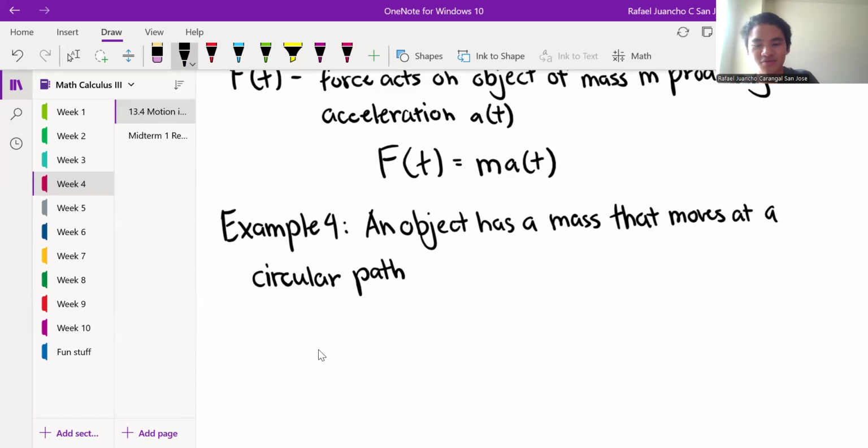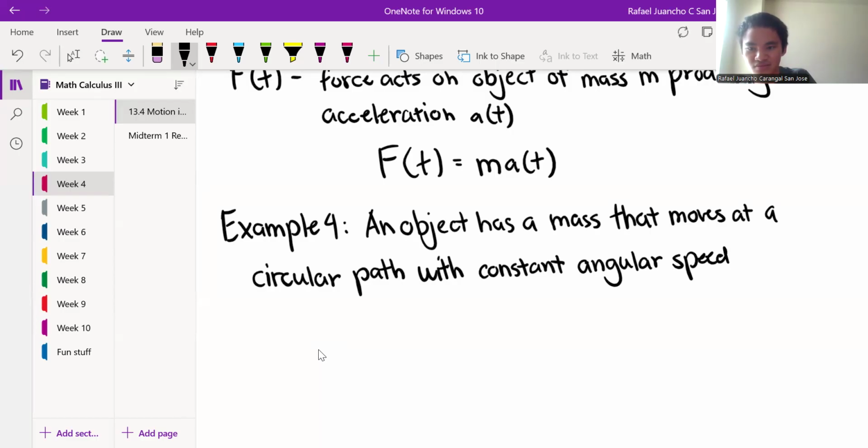So again, it has something to do with parametric circular equations, right? And it has a constant angular speed. So this is something from pre-calculus, and we'll call it omega.